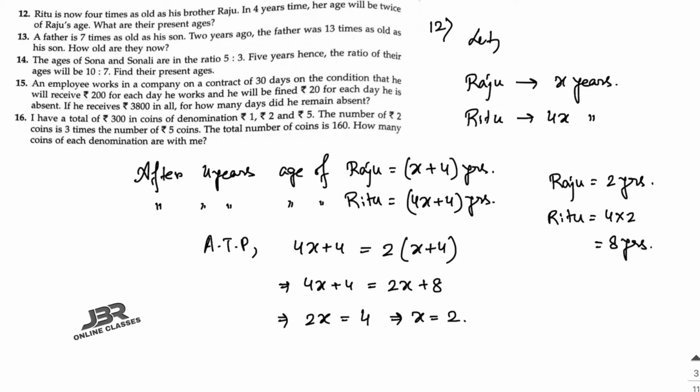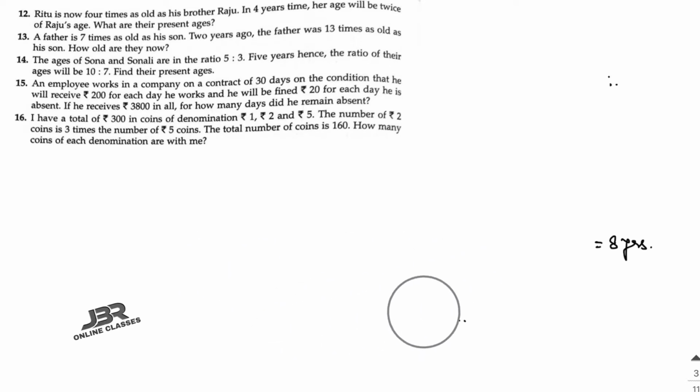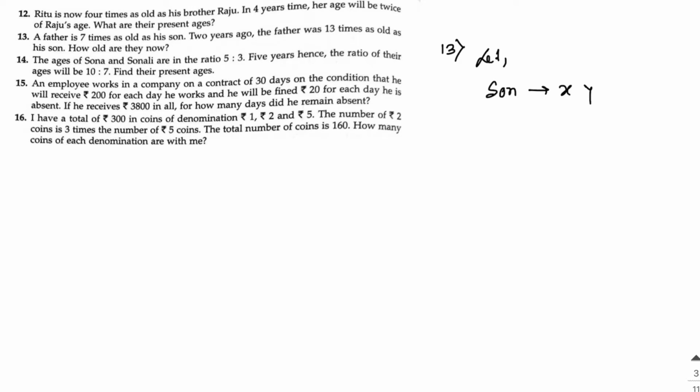Now let's move on to next problem, sum number 13. So here in sum number 13, a father is 7 times as old as his son. So first here let age of his son be x years, and age of his father, 7 times, that means 7x years.